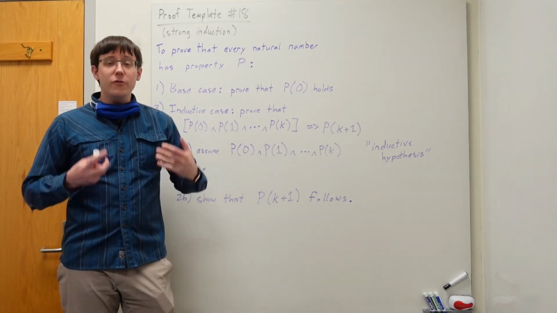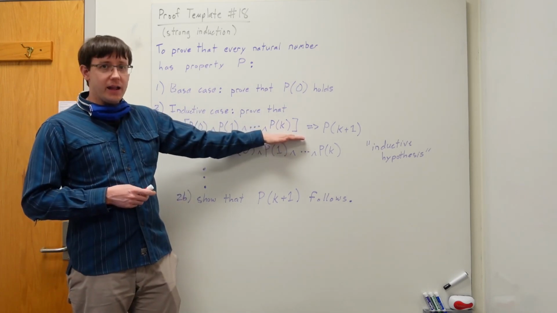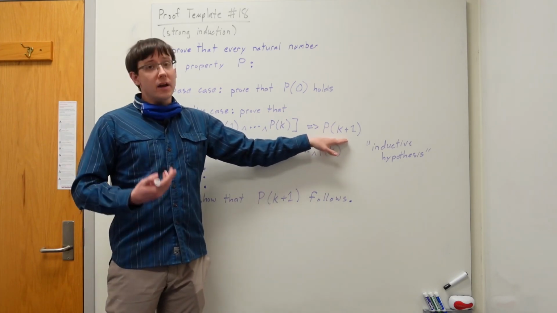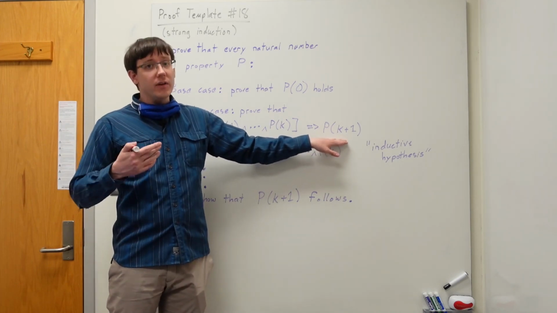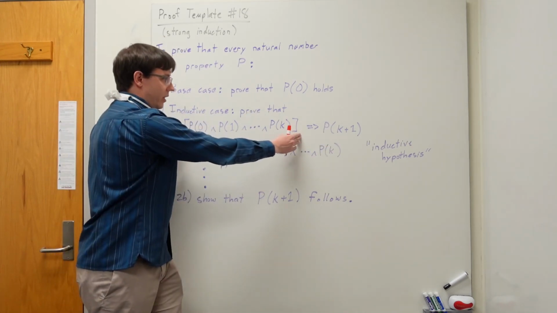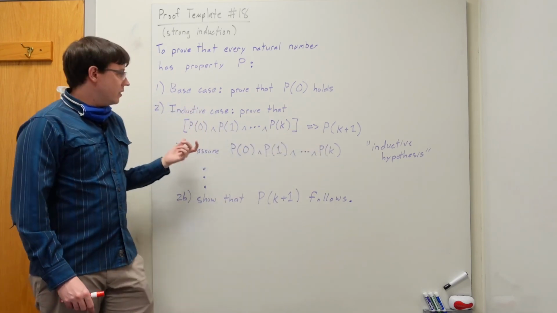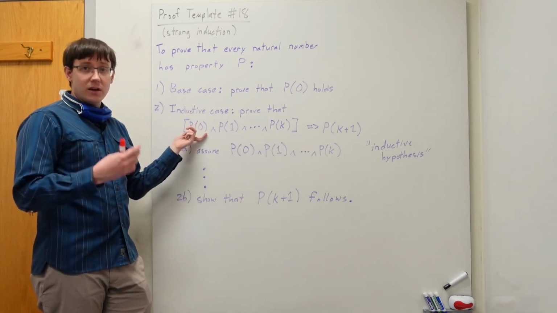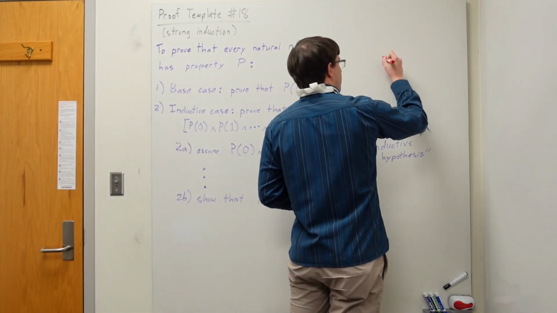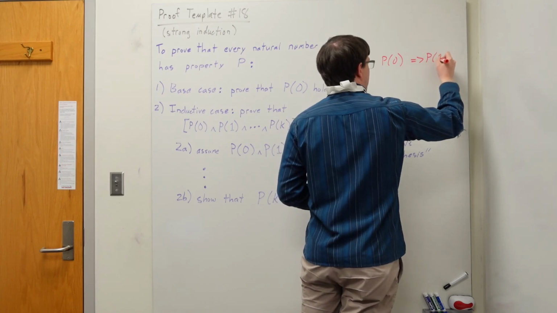And here, if we can show that when the property holds up through k, this implies that it must also hold at k plus 1, we end up with the same chain of implications, because this statement on the left for k equals 1 is just the same as the inductive hypothesis. We would have that P of 0 implies P of 1.